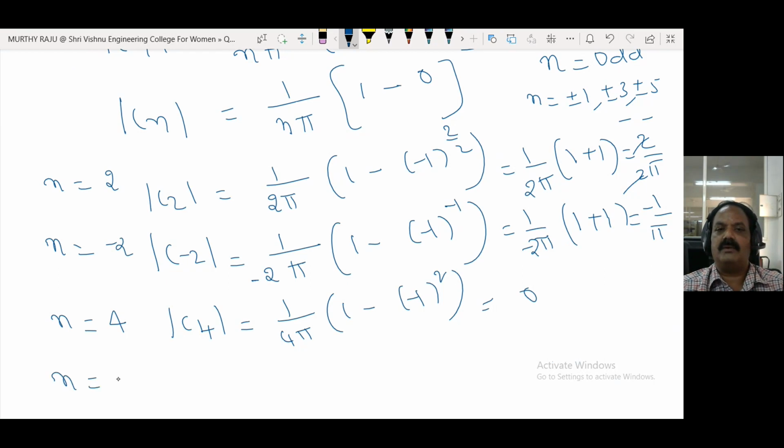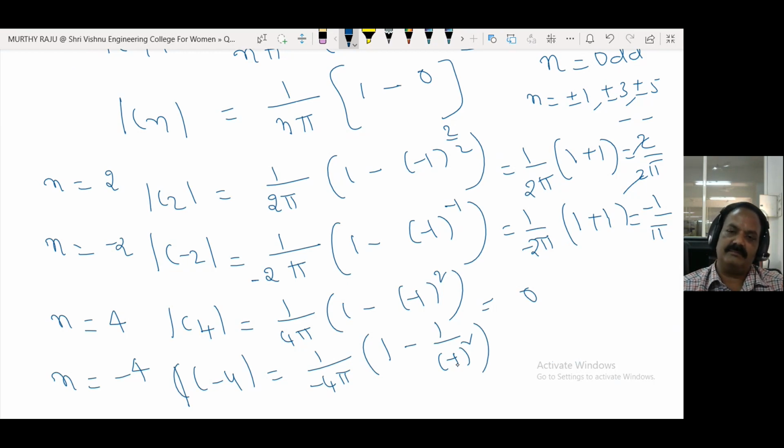N is equal to -4, mod C minus 4 is 1 by -4 pi, again 1 minus (-1) whole square, which is 1, so 1 minus 1 is 0. Here also (-1) whole power, minus into minus is plus. That is the result for even values.